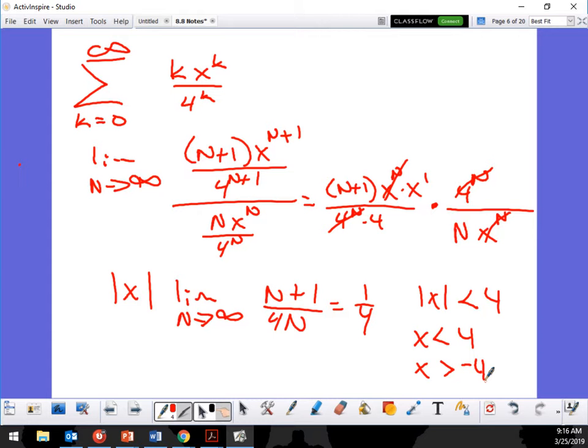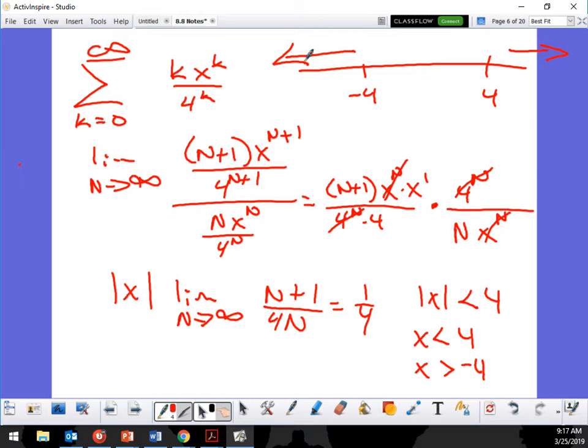For my numbers, let's do a little number line here, -4, +4. So in between here, it's going to converge. That means outside of this, it's going to diverge.